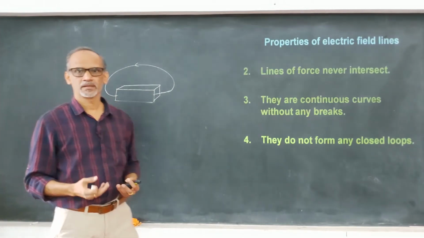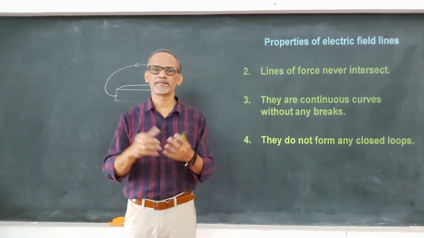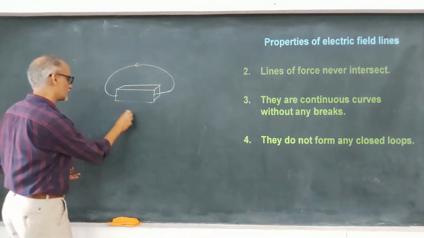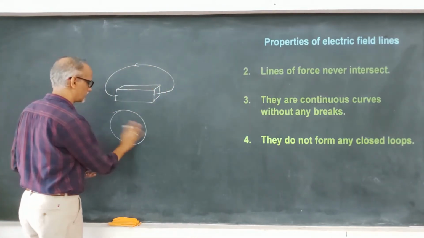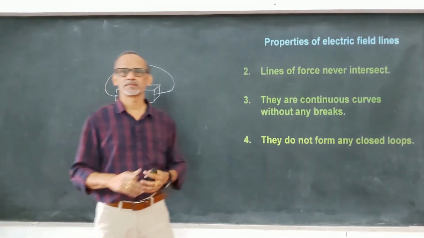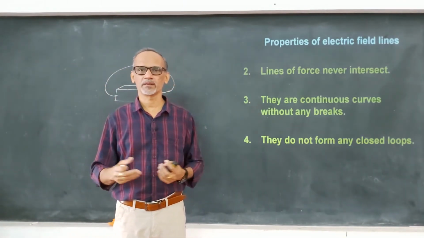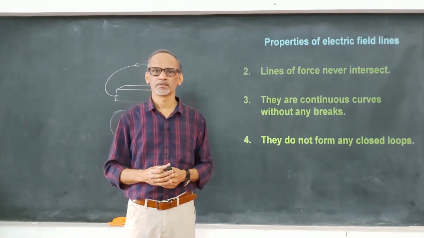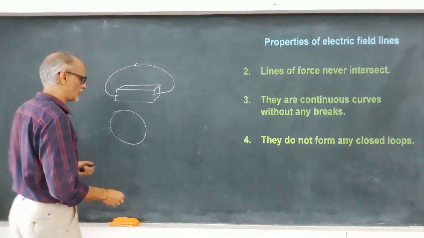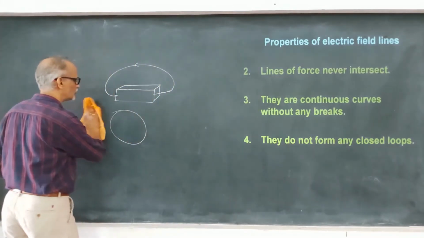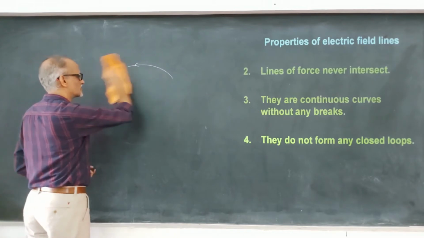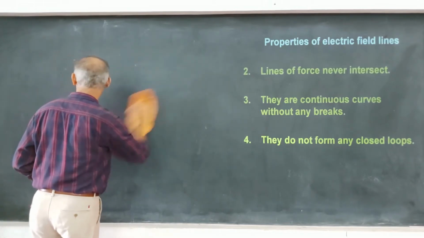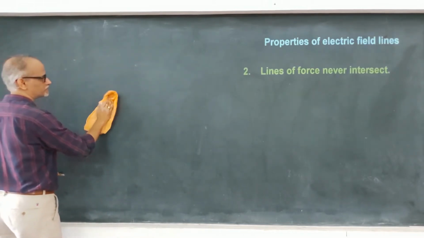The reason being, there is no electric field inside a conductor. If I take a conductor, there is no electric field inside a conductor or inside a charged conductor. So that's why they do not form any closed loops. So these are the important properties of electric field lines.